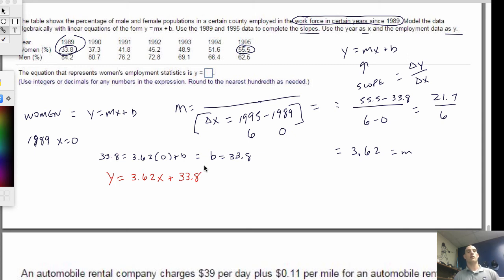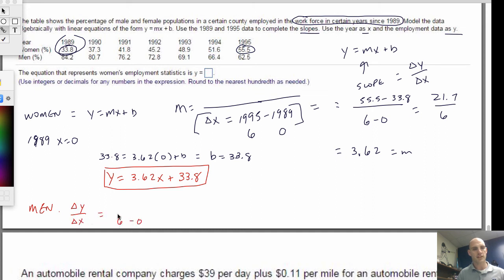Okay, so I found my slope using my data, change in y over change in x, plugged in a point to figure out my y-intercept, and calculated my equation. What about the men? Same deal here. For the men, I'm going to do my change in y over my change in x.